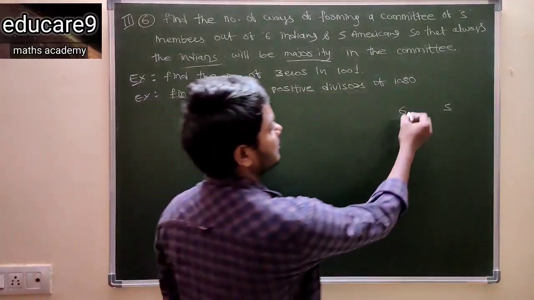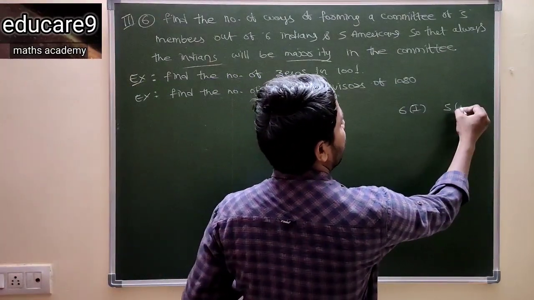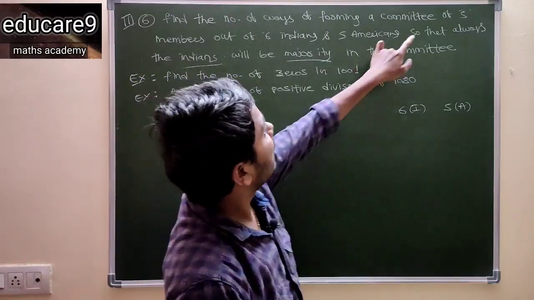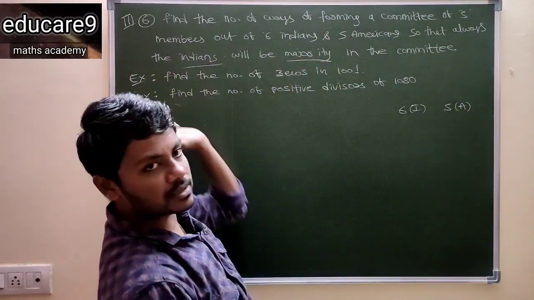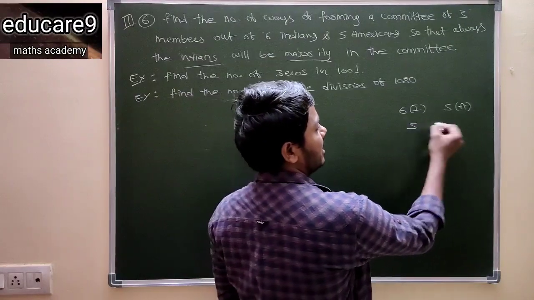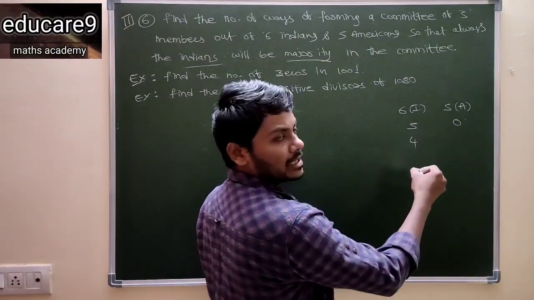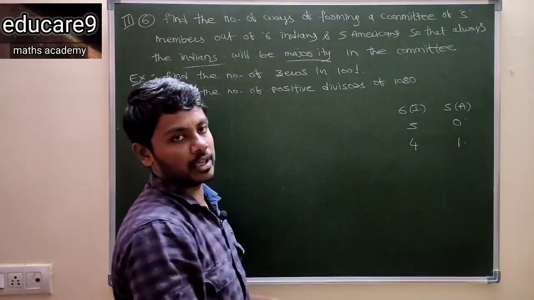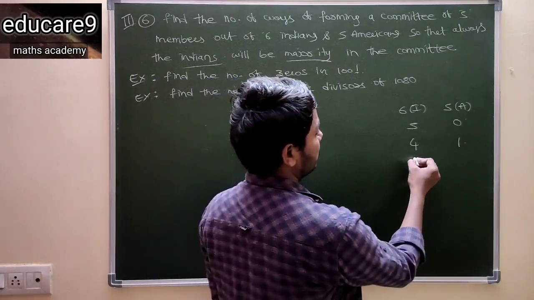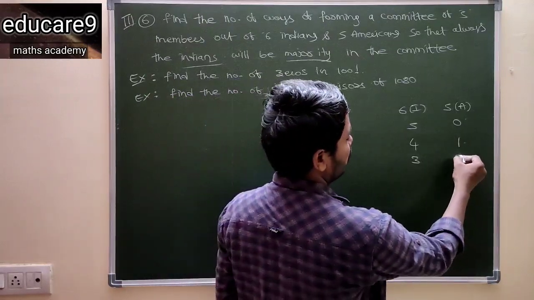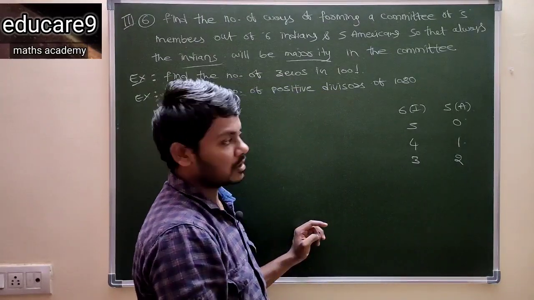See here 6 Indians, 5 Americans. So to select how many members? 5 members. So 5 are Indians, 0 are Americans. Or 4 are Indians, 1 is American. And next one, 3 are Indians, 2 are Americans.